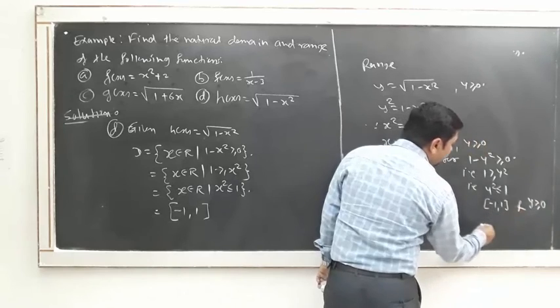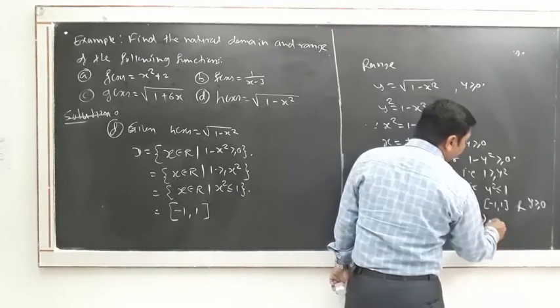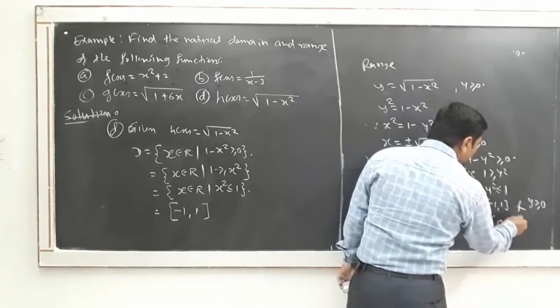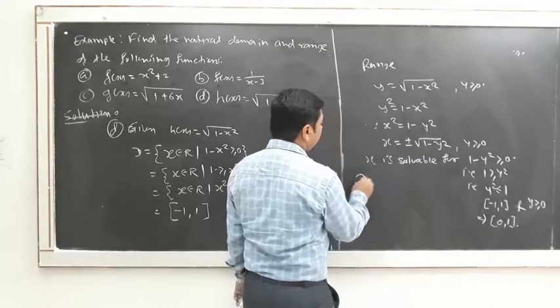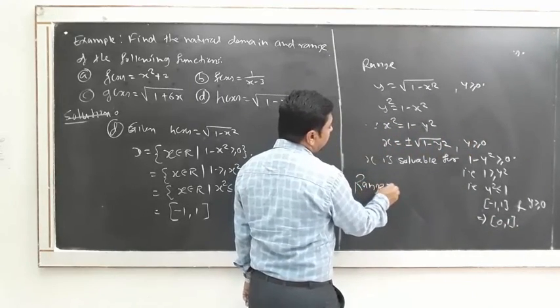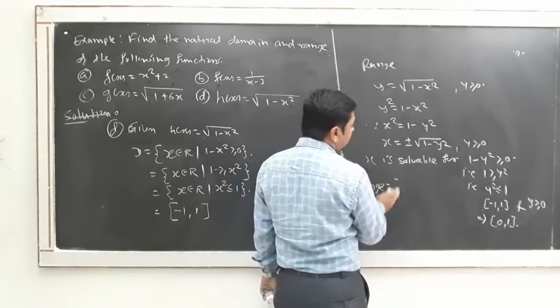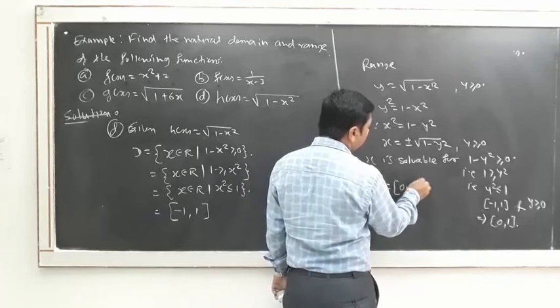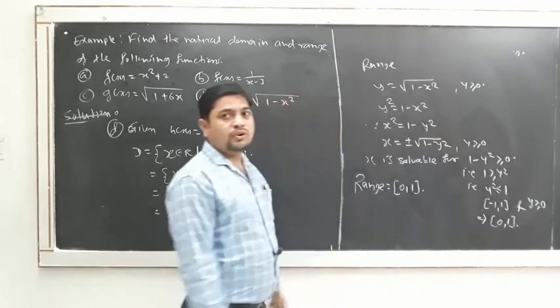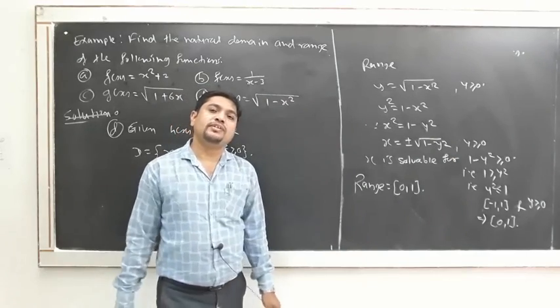So the intersection of both, you are getting only 0 to 1. So our range set is equal to 0 to 1. So we can solve so many problems like this.